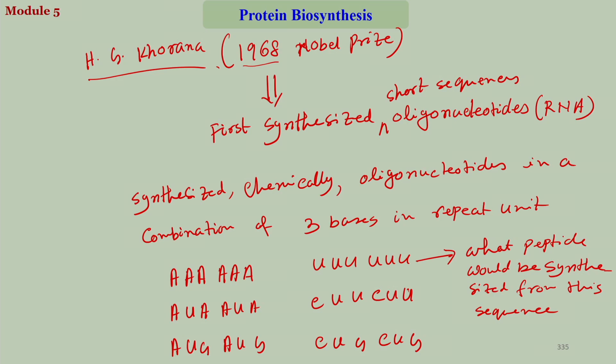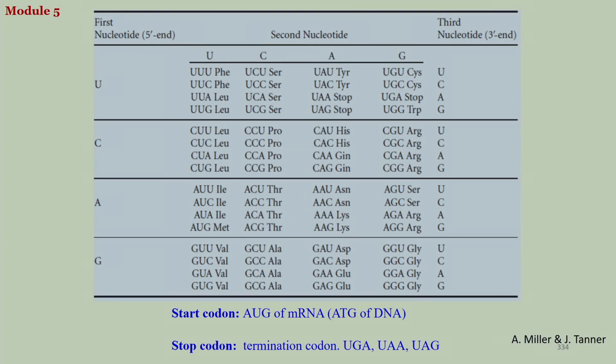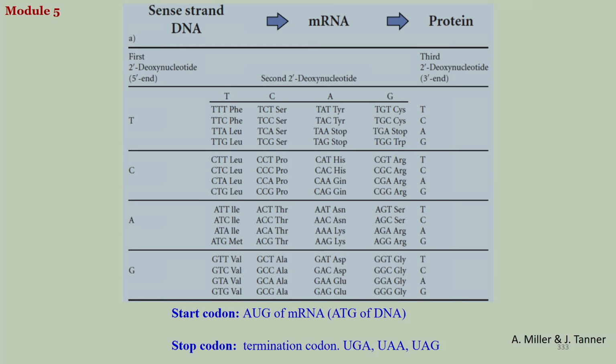And of course, it is a double check or triple check, because you have the repeated unit. So, you expect the same amino acid to appear again and again. It should be a homopolypeptide, and that is what he found: using the repeat units, the same amino acid was appearing. Whatever the amino acid is here, that would be here also, and that is how he found out the whole table, which is known as the codon table.